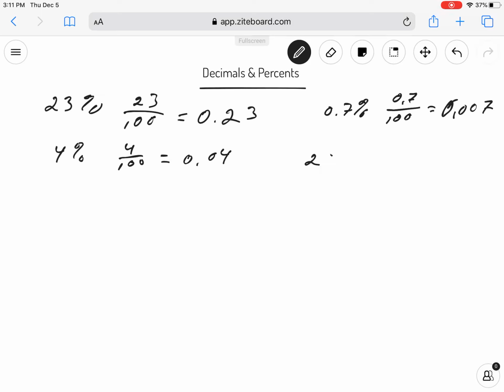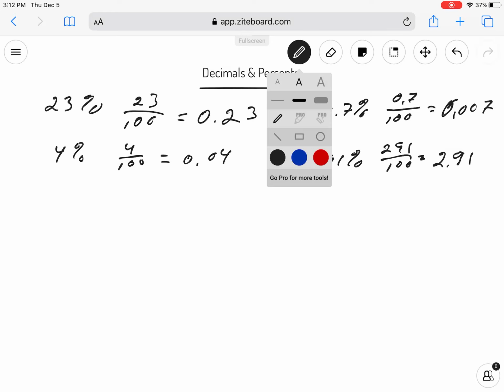Or we can say if we were given 291%, I again put that over 100. And then that gives me 2.91. Okay? So, fairly simple to go from percentages to decimals.